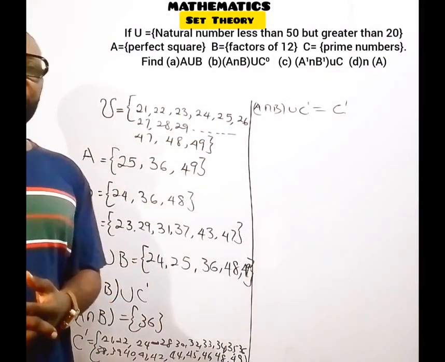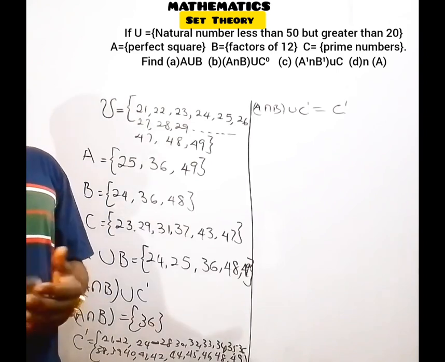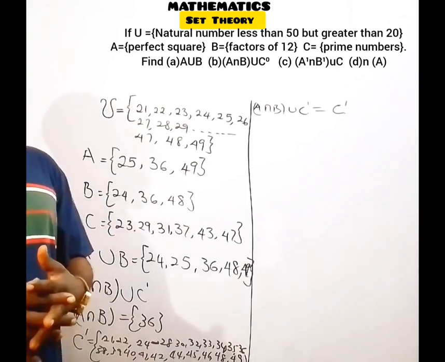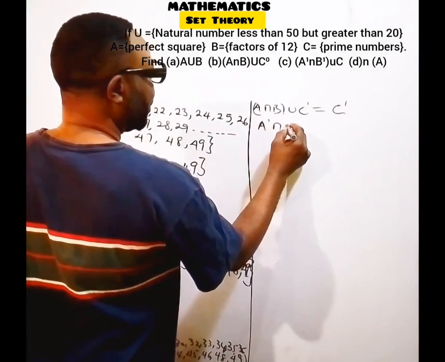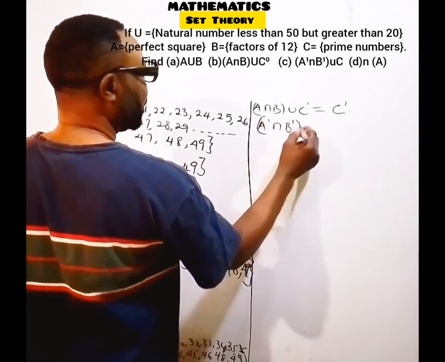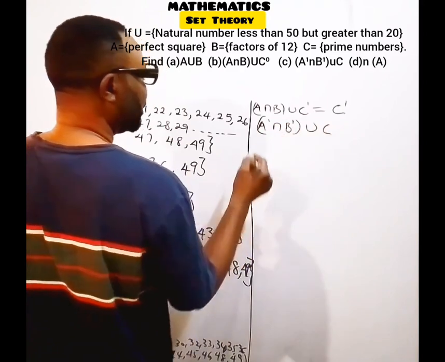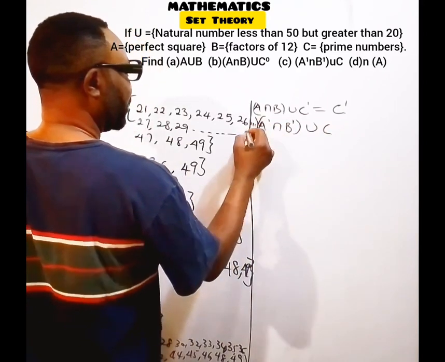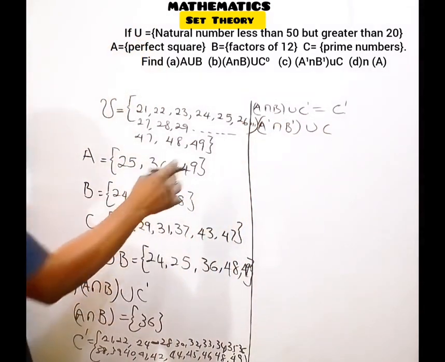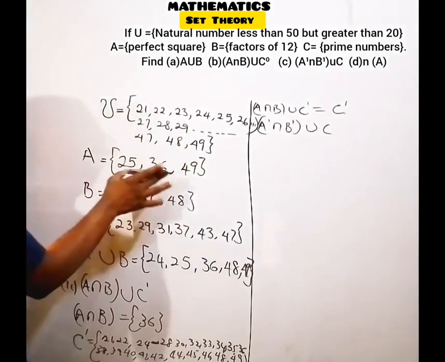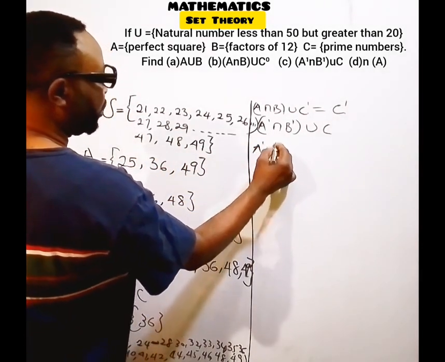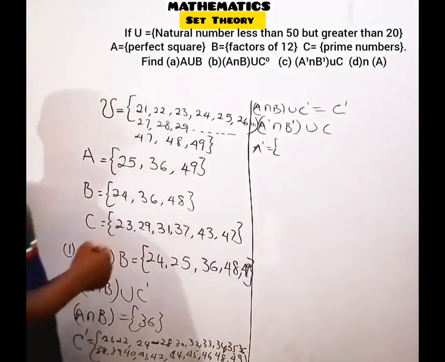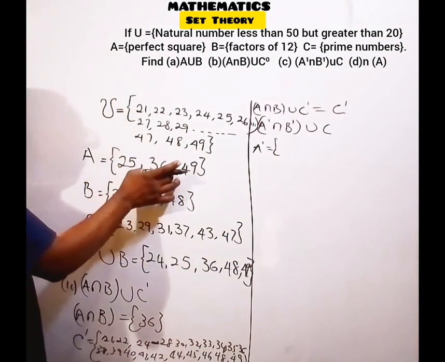Now, the next question, question 3, says we should find the value of A complement intersection B complement union C. We need to write out the value of A complement first. A complement is everything except 25, 30, 36, and 49.